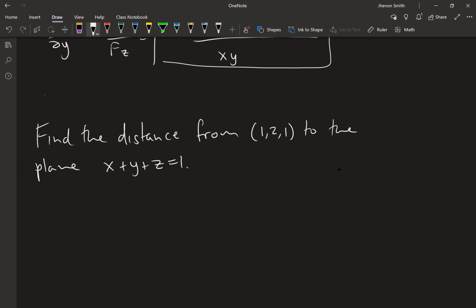Go. You have to use a scalar projection. How would you get it to apply? Scalar projection of what to what?